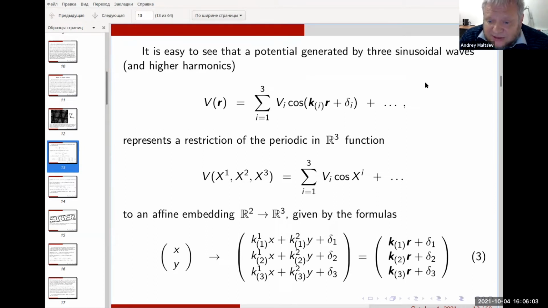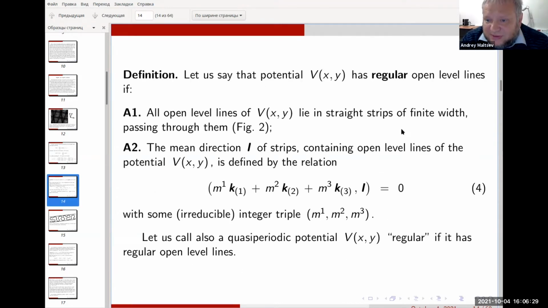We can easily construct the corresponding embedding of the plane into 3-dimensional space, and a 3-periodic function in 3-dimensional space, such that our function on the plane can be considered as a restriction of this 3-periodic function under the embedding. So this is exactly the situation of quasi-periodic potentials with 3 quasi-periods.